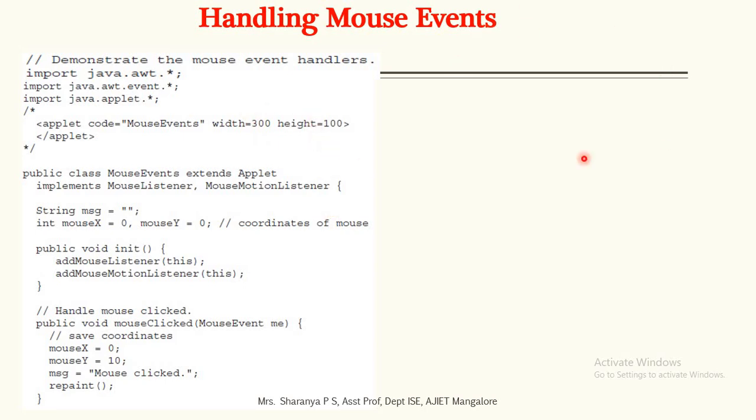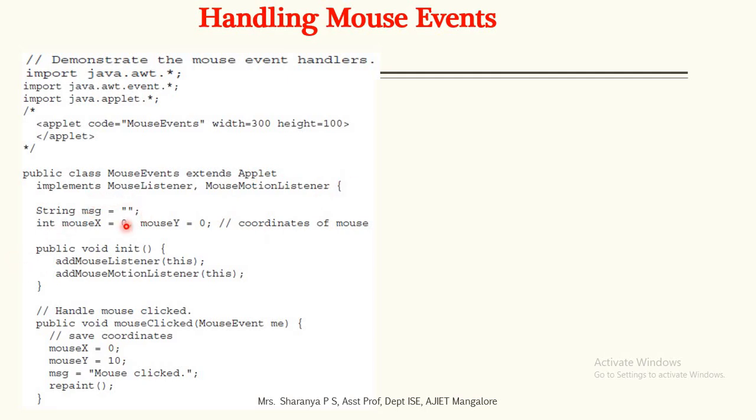An applet is nothing but the window that we see as output on the screen. Then public class MouseEvent is the class name, which extends the applet features, and it implements both MouseListener and MouseMotionListener. So here we are making use of the implements mechanism.